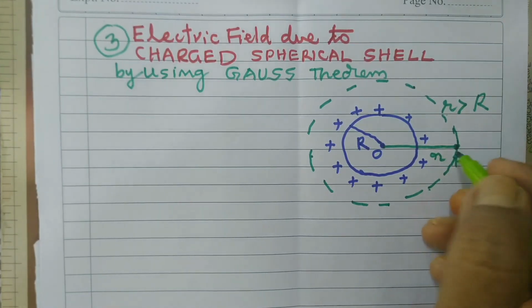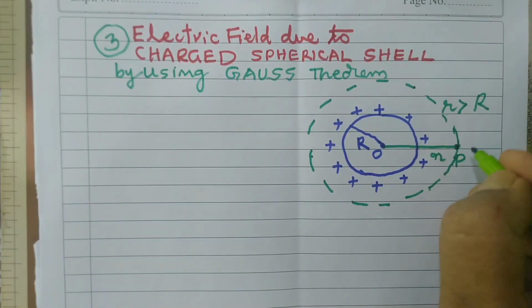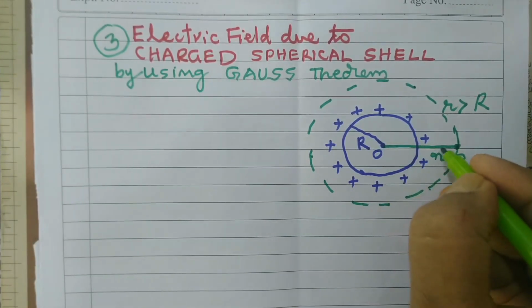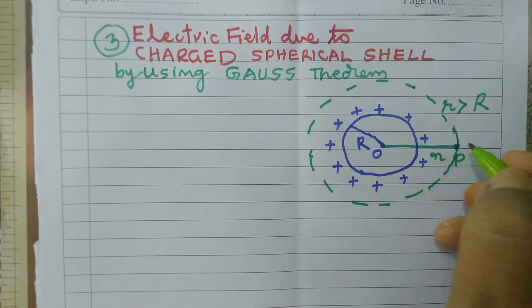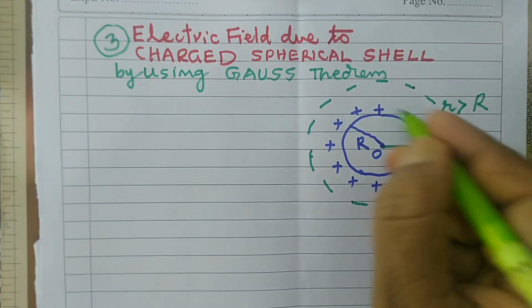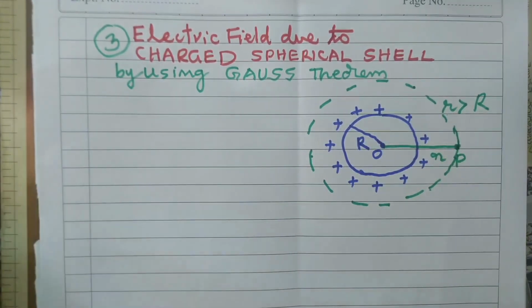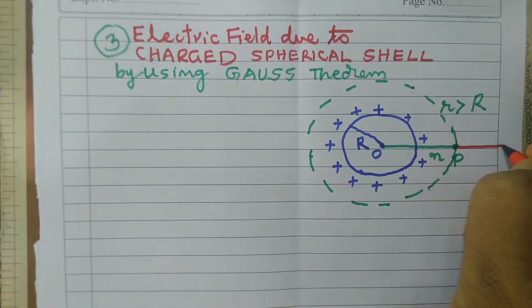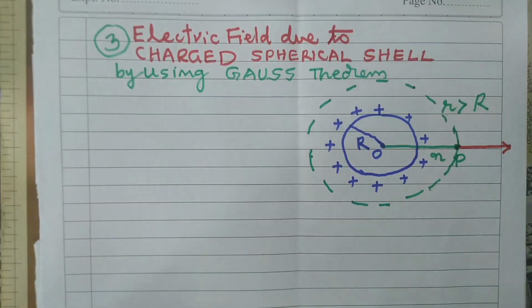Here this is the center of the circle, and P is at a distance of r. The electric field, as it is a positive charge, will be in this direction. That you have to remember.